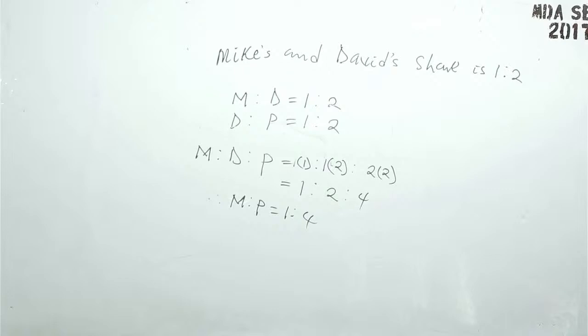Use 2 now to multiply these 2. So what will now be the ratio of Mike is to David is to Peter? 1 is to 2 is to 4. So now we are looking for Mike is to Peter. What will be your answer? Because you are removing David.